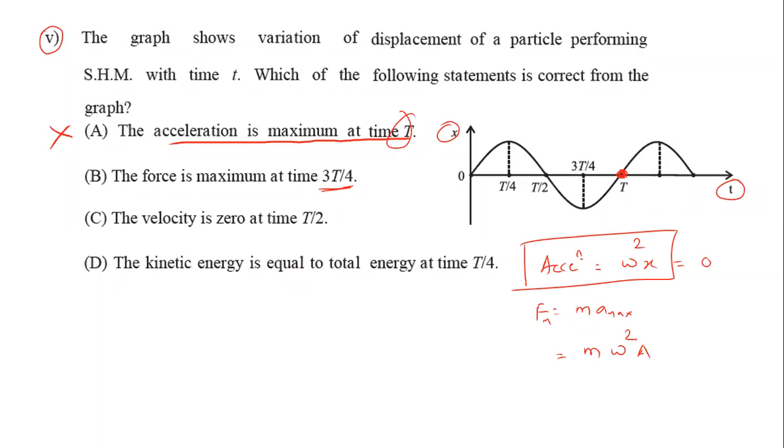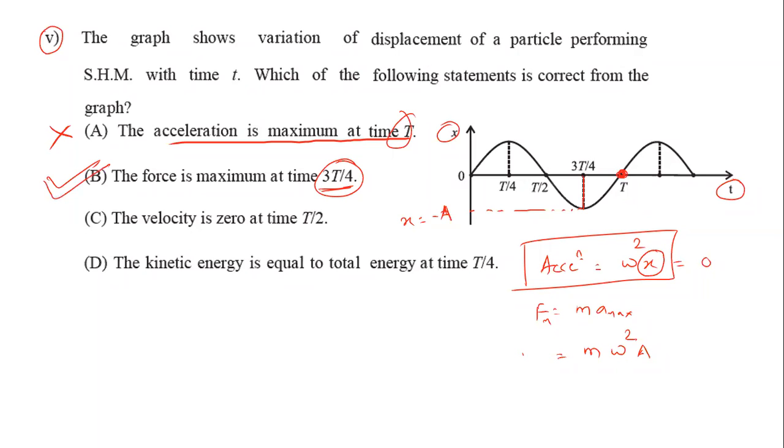When x has a value a, that time acceleration is maximum. And you can see here at 3T by 4, the value of x is equal to minus a, magnitude wise a. So here force is maximum at 3T by 4. So this is the right answer for this MCQ.